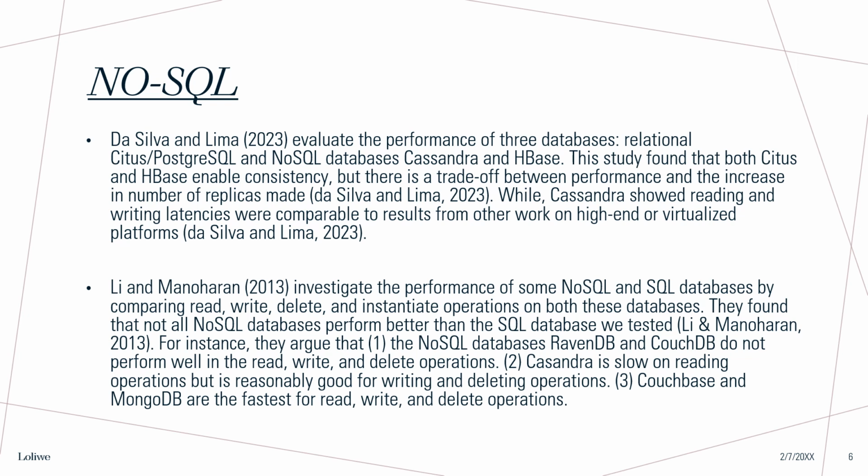For instance, the non-SQL databases RavenDB and CouchDB do not perform well in reading, writing and deletion operations. Cassandra is slow in reading, but reasonably good for writing and deleting. CouchDB and MongoDB were the preferred options for fast reading, writing and deletion operations, meaning that these non-SQL databases were rated high.